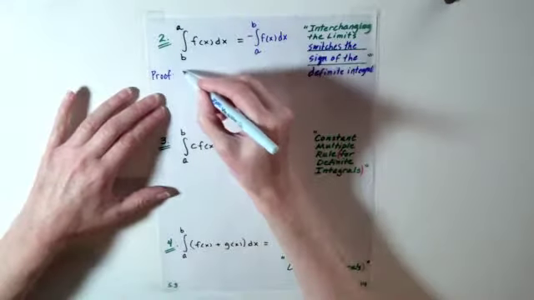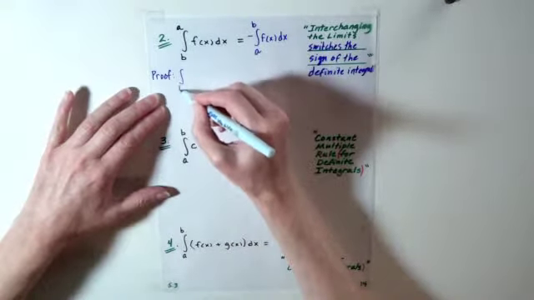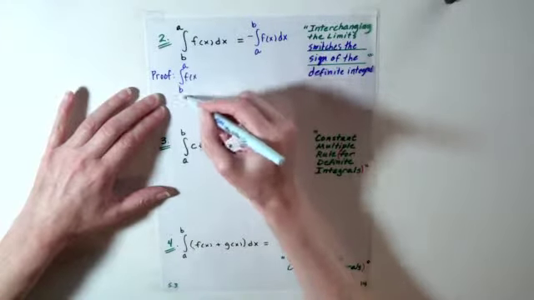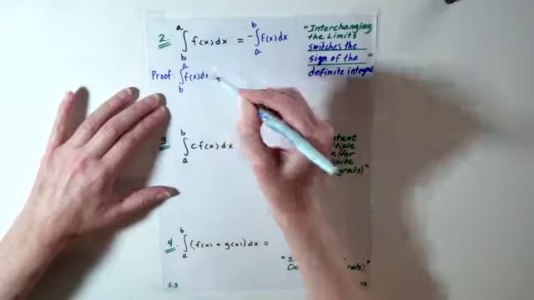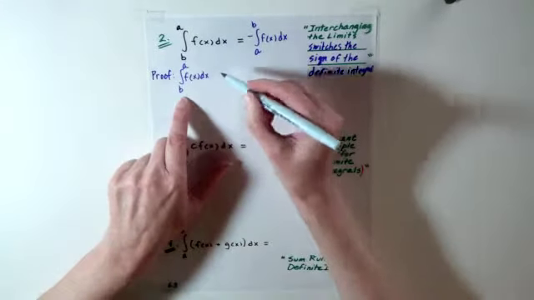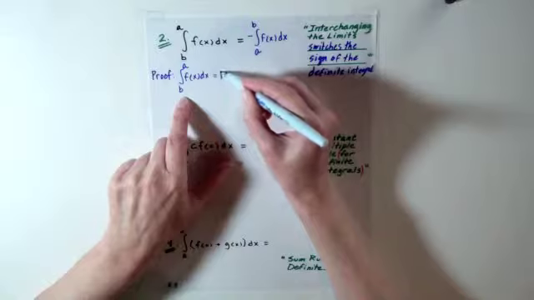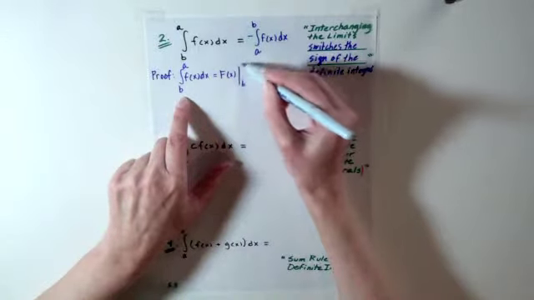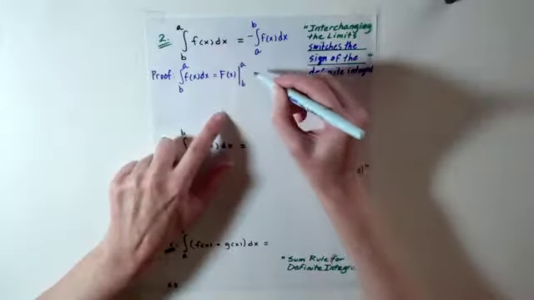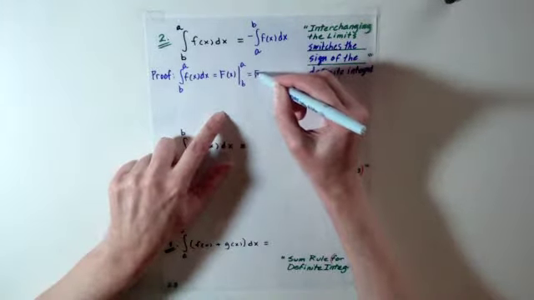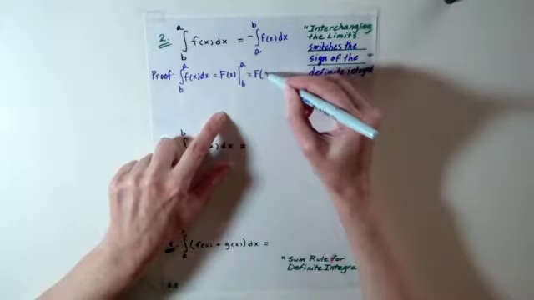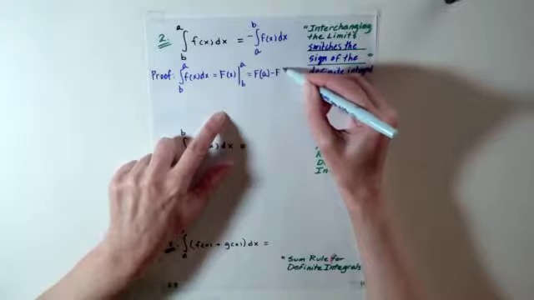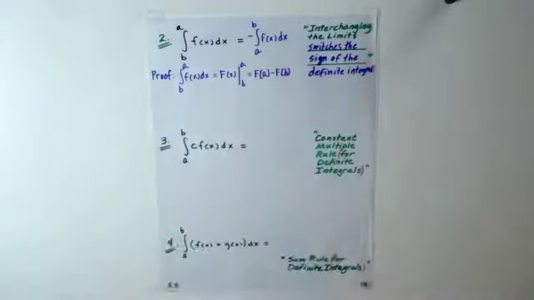We can start with the left-hand side and try to transform it step by step into the right-hand side. So I'm going to start with the integral from b to a of f of x dx. Well, how do I do that? I find an antiderivative, capital F of x, and I evaluate that from b to a. And what does that mean? That means I plug in the upper limit first, so I would do capital F of a minus, and then I evaluate it at the lower limit, capital F of b.